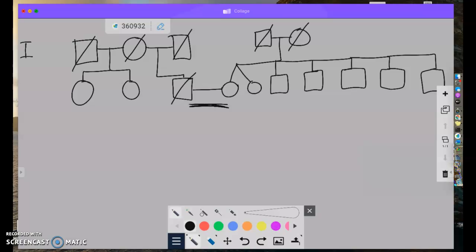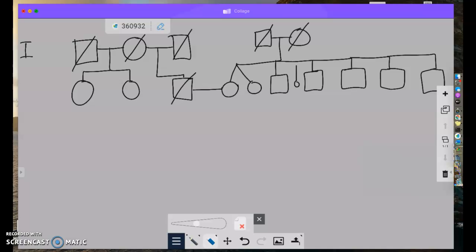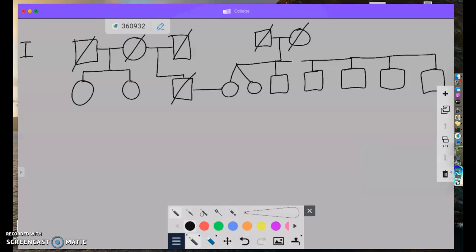I didn't want to put my mom right here and then have to cut across. So you just want to make sure that they meet in the middle. All right. So this would be generation two.